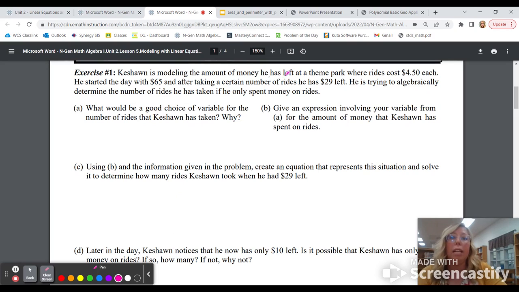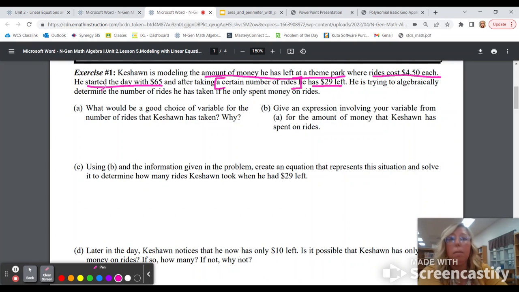So he is determining the amount of money he has left at a theme park, and rides cost $4.50 each. He started the day with $65, and it says after taking a certain number of rides, he has $29 left. So the certain number of rides is what they're trying to figure out.